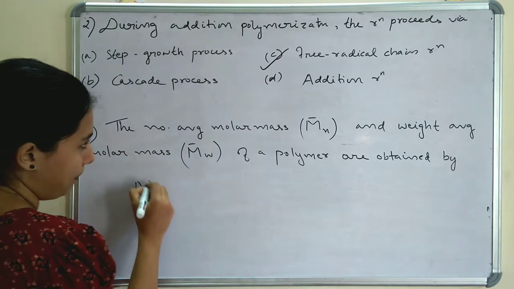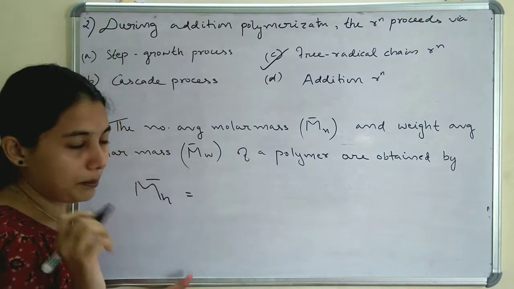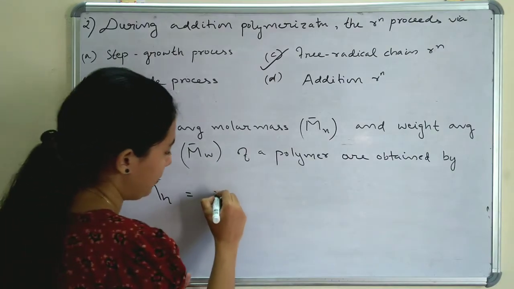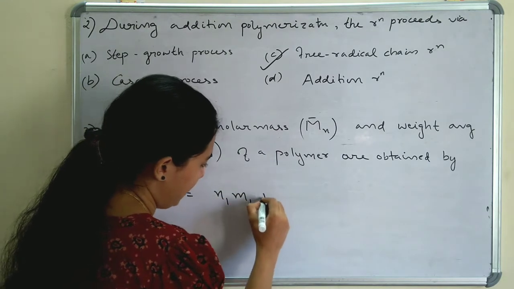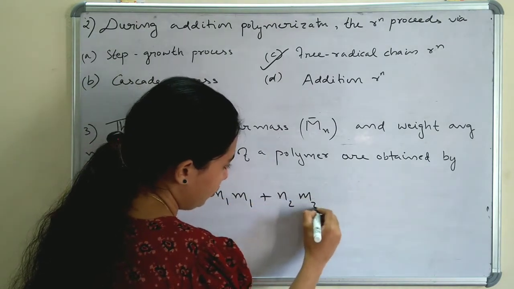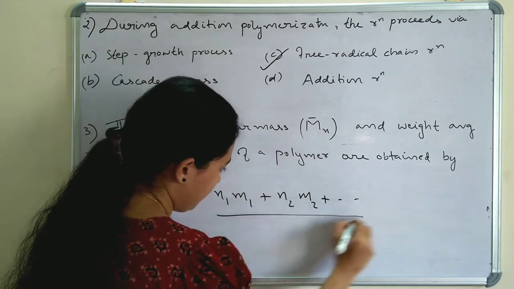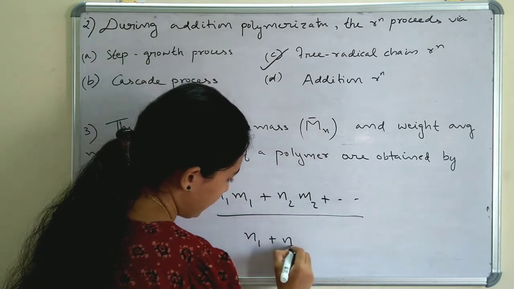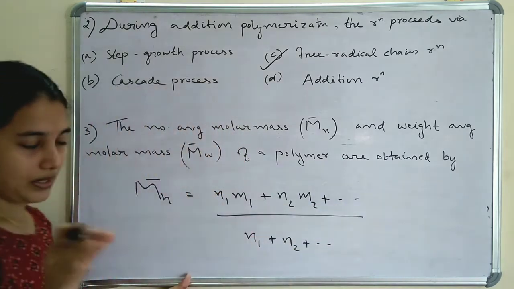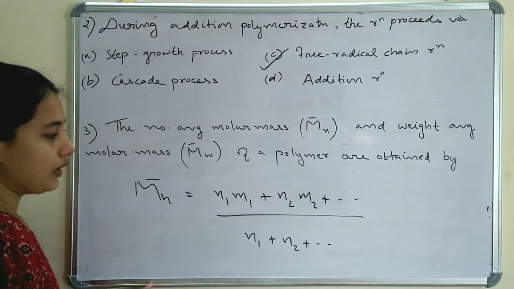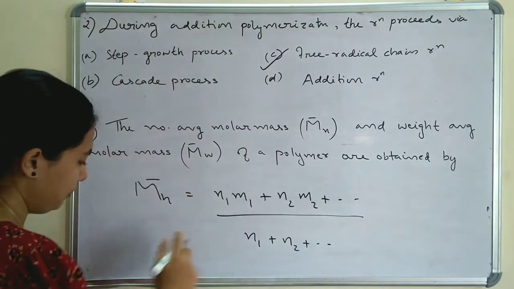So M bar n, number average molar mass, is n1 m1 plus n2 m2 plus etc. divided by n1 plus n2 plus etc. That is number average. Now again we multiply with m.